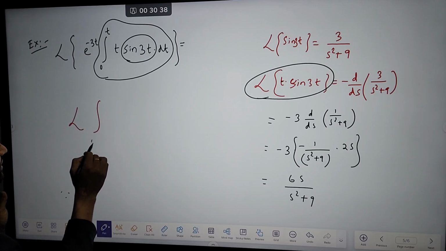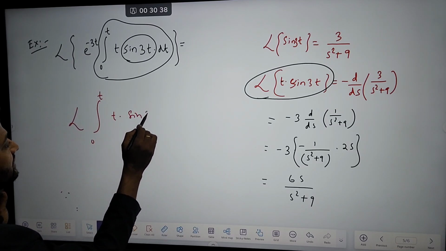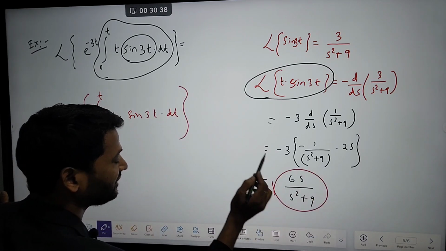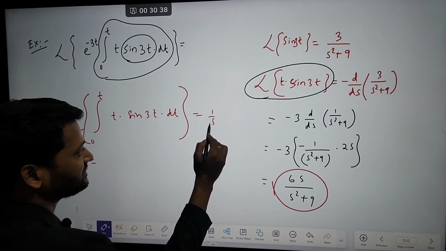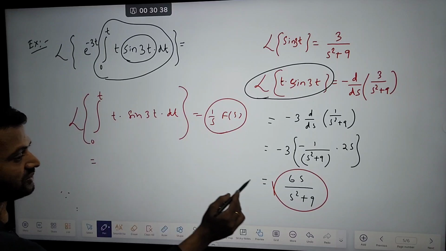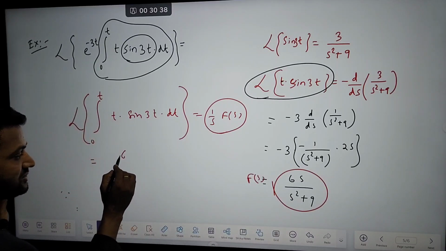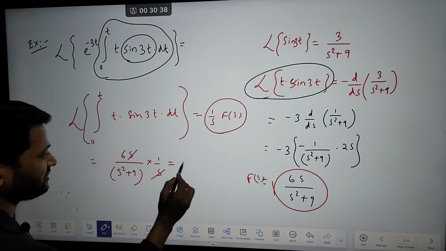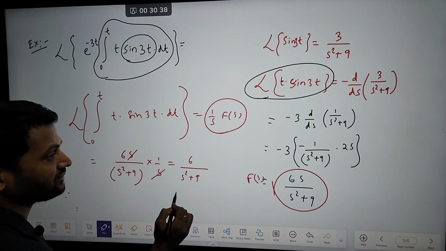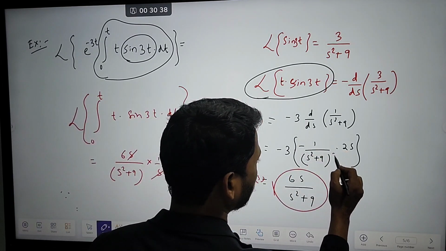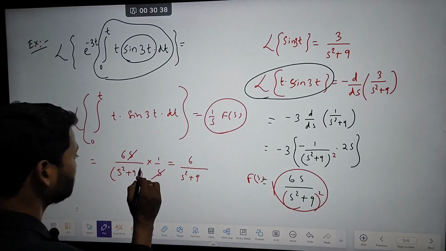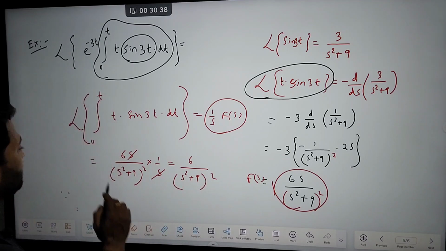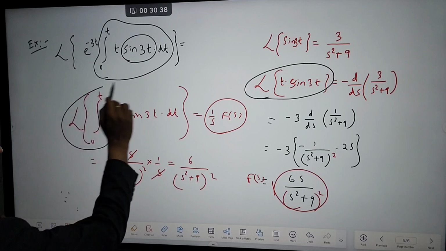So Laplace of integration from 0 to t of t into sin 3t into dt. What will be the Laplace of its integration? This is your F(s), meaning the answer will be 1 by s into F(s) as per the theorem, right. So this F(s), this is your F(s). So what will the answer be, 6s by s squared plus 9 whole squared into 1 by s, so s is cancelled, your answer is 6 by s squared plus 9 whole squared. I think this is squared, okay, so this is squared. So the answer is 6 by s squared plus 9 whole squared. Okay, this is your Laplace of this part. This part is complete.